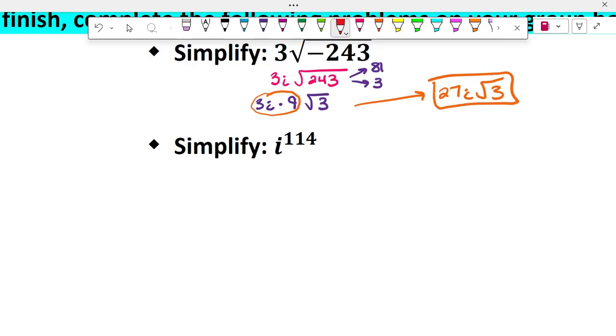All right. So what is the nearest multiple of 4 to i to the 114th? i to the 112th. So that'll be 1. How many i's would you have left over? 2. So you do i squared. What is i squared equal to? -1. So 1 times -1, that's -1.